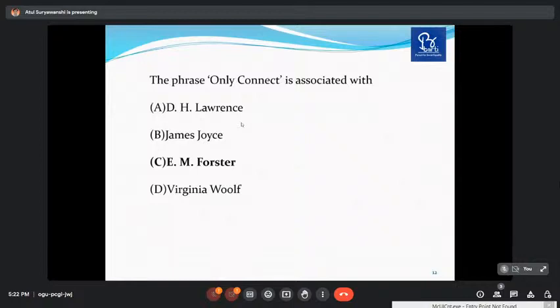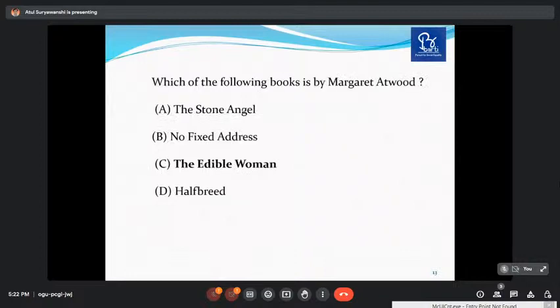So this book is the masterpiece. I repeat again, M.H. Abrams, A Glossary of Literary Terms, should become the Bible for us. So 'only connect' is by E.M. Forster. Let's proceed further.